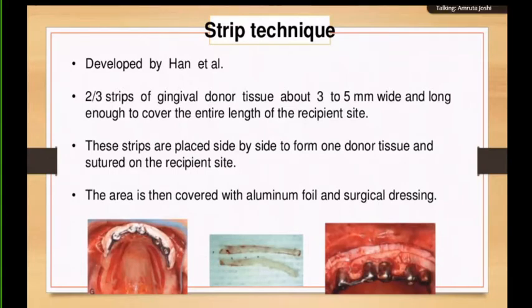So instead of covering the entire recipient side with the graft, you can take small strips from the palate and suture them at the most apical point of your recipient side. As you can see here, you can place it most apically. You can leave the coronal area exposed, not an issue. This will also give you an increase in the width of attached gingiva.